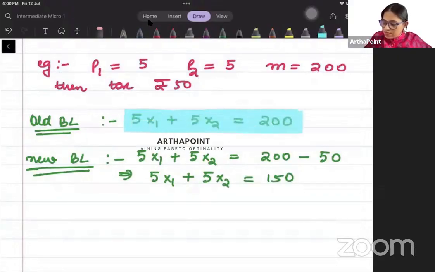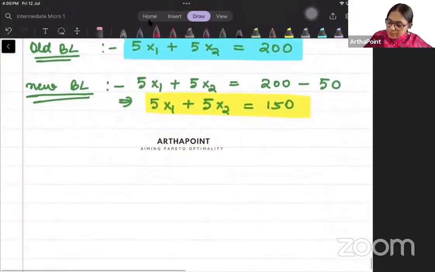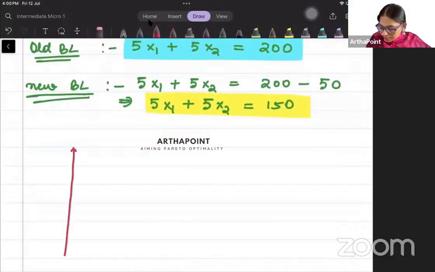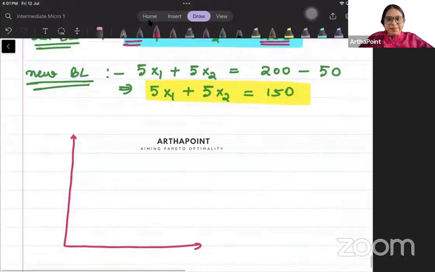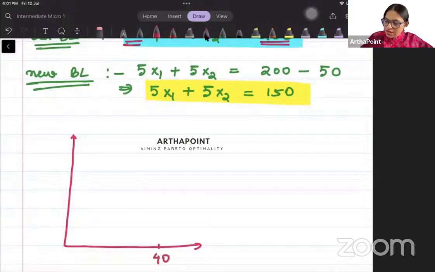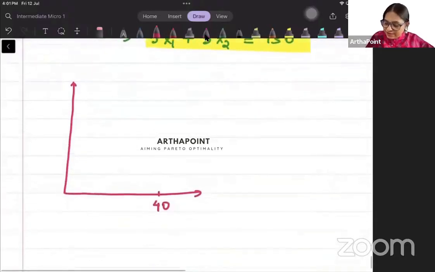Old budget line, new budget line. Let's plot, beta. How will I plot this? M by P1: 200 divided by 5 will be 40. M by P2: 200 divided by 5 will be 40.